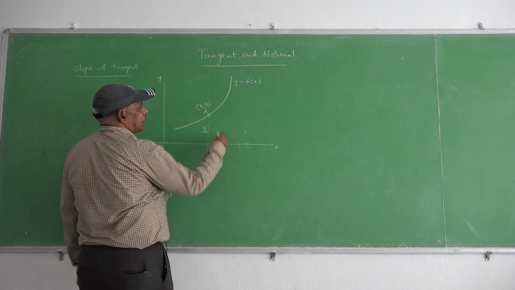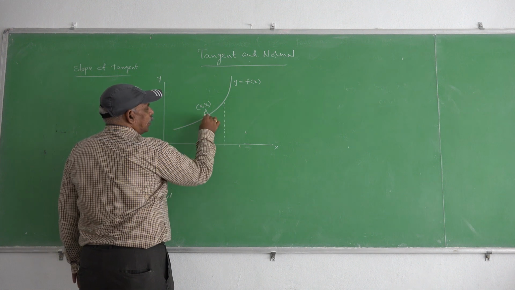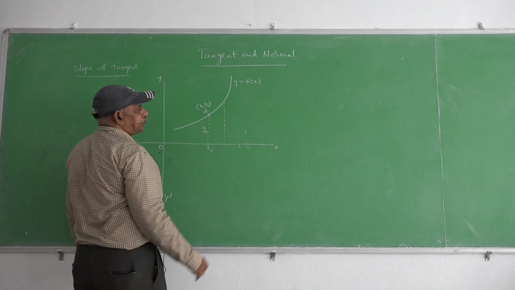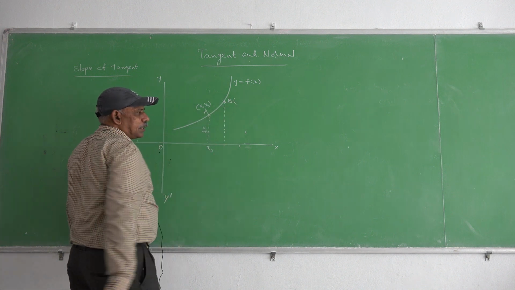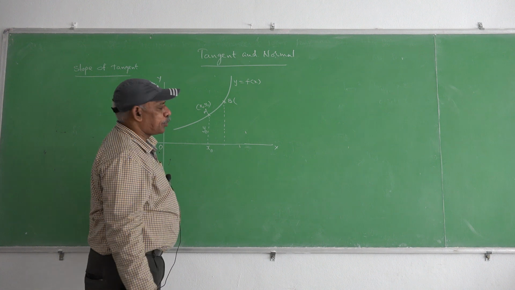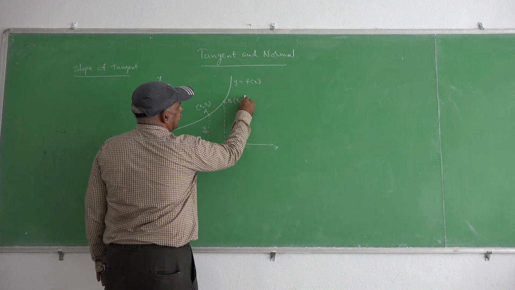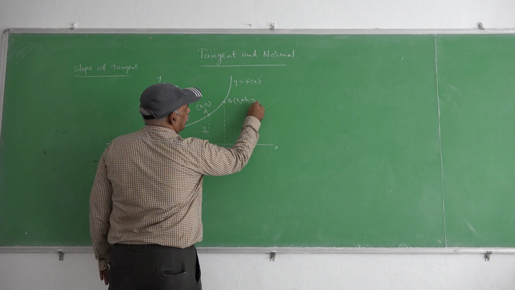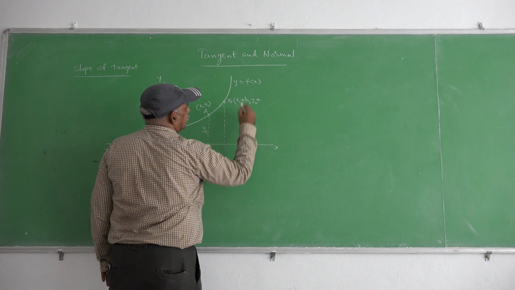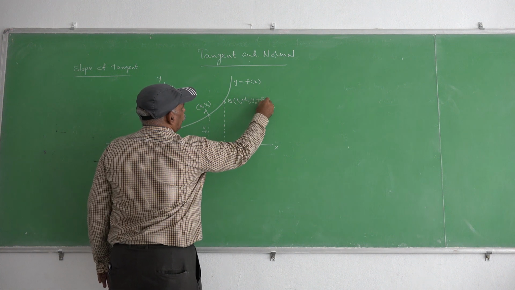Let us consider another point closer to A on the curve. Let it be B. Since I am taking it closer to A, I will take it as (x naught plus h, y naught plus delta y).